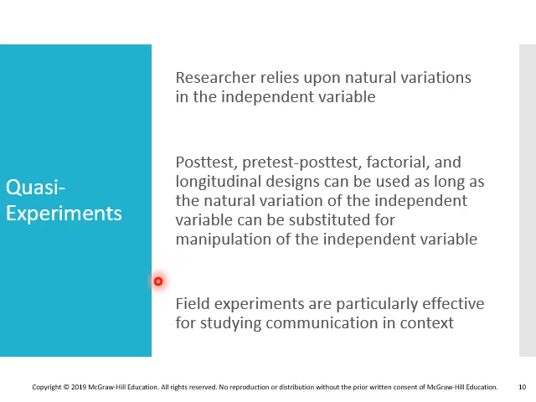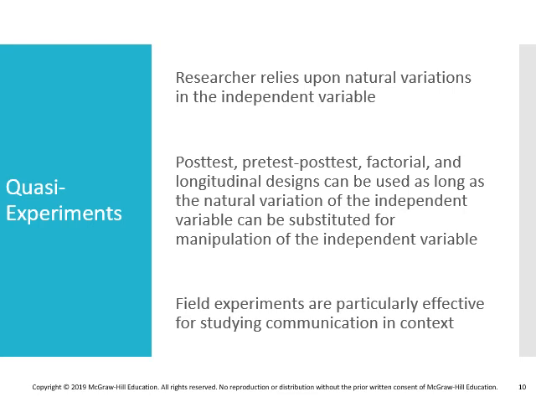Okay, field experiments are effective, especially to study communication, because they put the communication in context. We're studying individuals talking with their parents, for example, in the very setting that they usually find themselves in, maybe their homes.